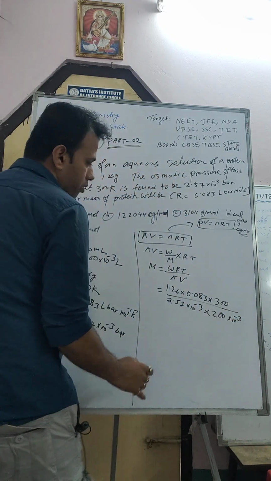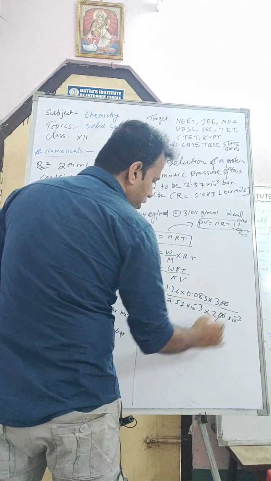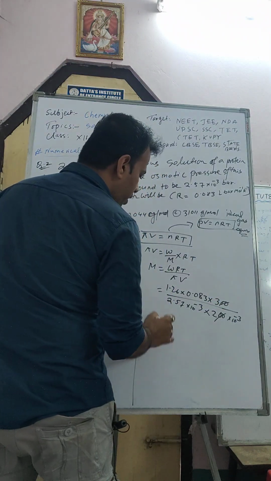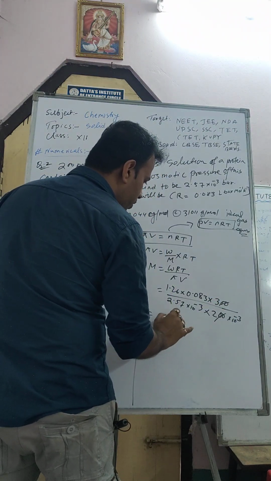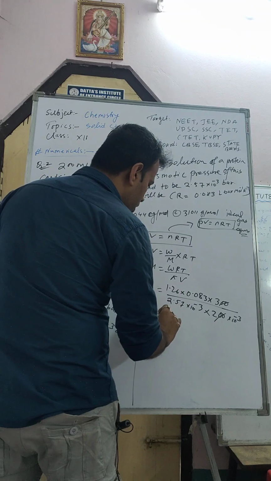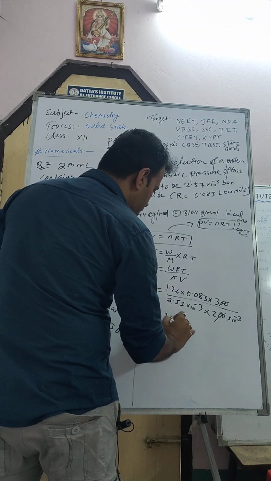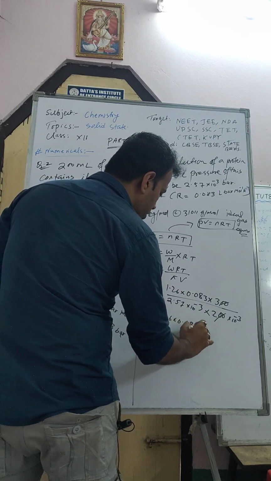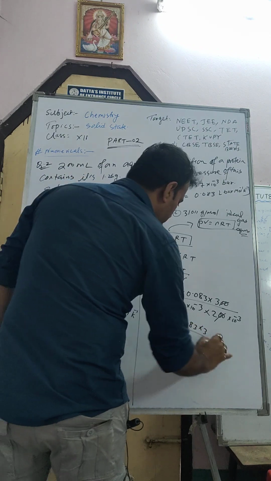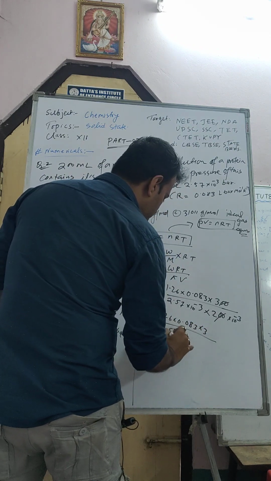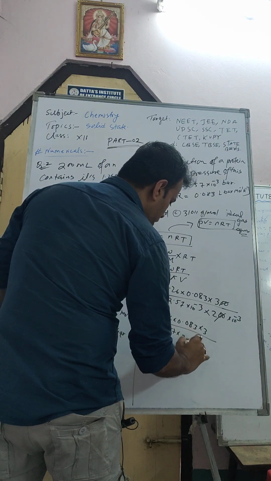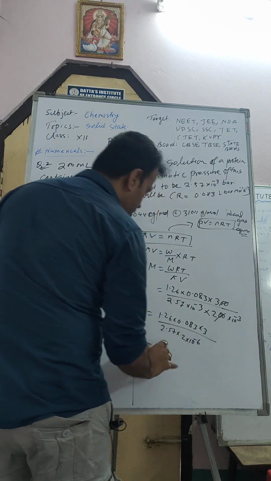If you calculate this part, this will cancel, and what will be left here is 1.26 into 0.083 into 300 divided by 2.57 into 2 into 10 to the power minus 6.